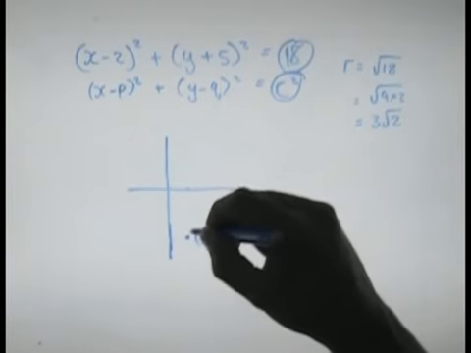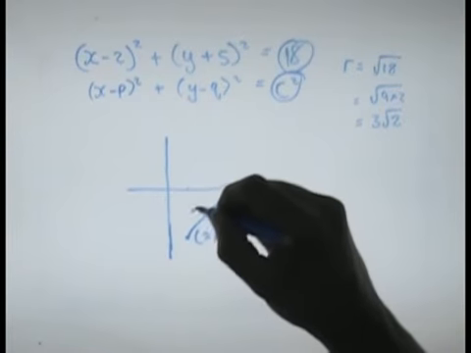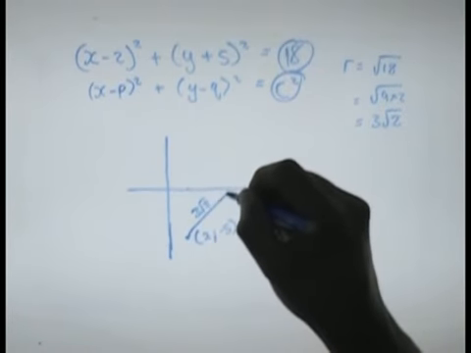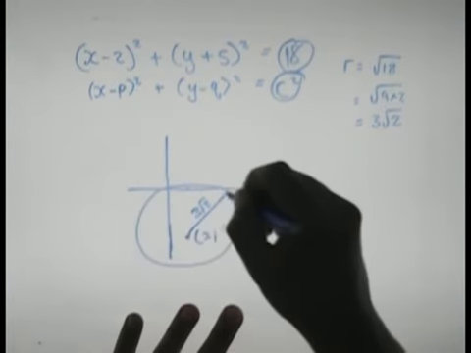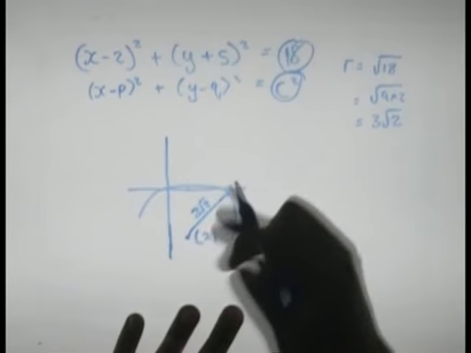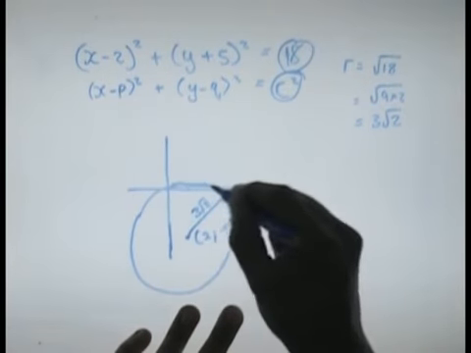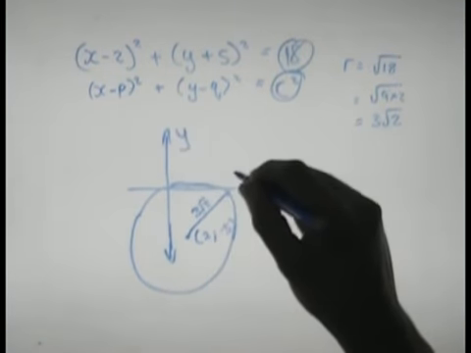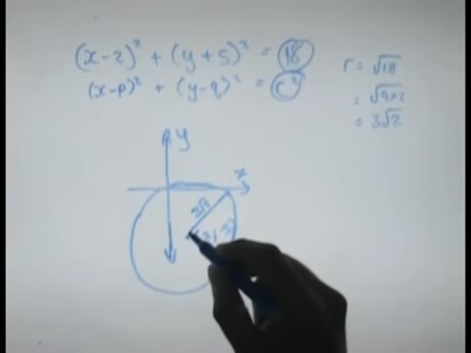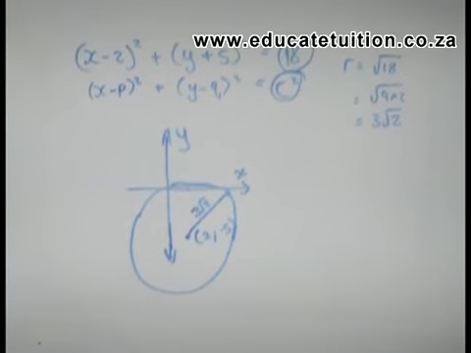That means that our radius, you can sketch it wherever you want to, is going to equal 3 root 2 to somewhere there, and then just draw a circle that looks round, as most circles should look. And that's all the information you need to put in. Radius 3 root 2 with the center 2 and negative 5.